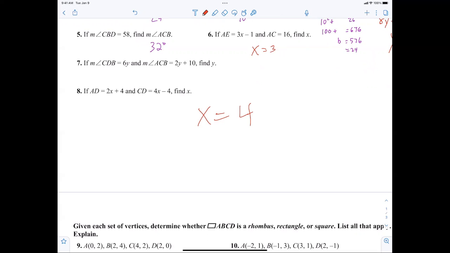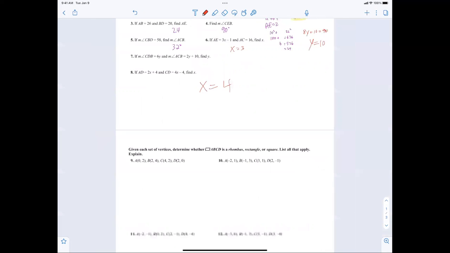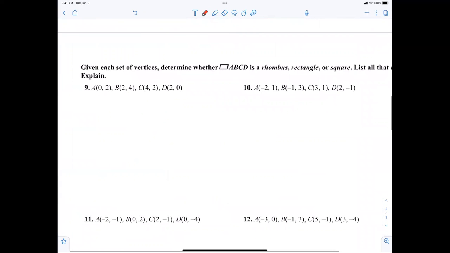Okay. So now, given each set of vertices, determine whether ABCD is a rhombus, a rectangle, or a square. There's lots of ways to do this.